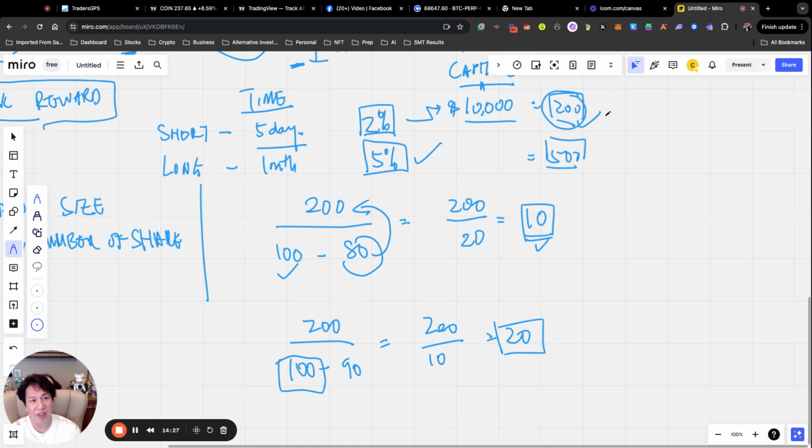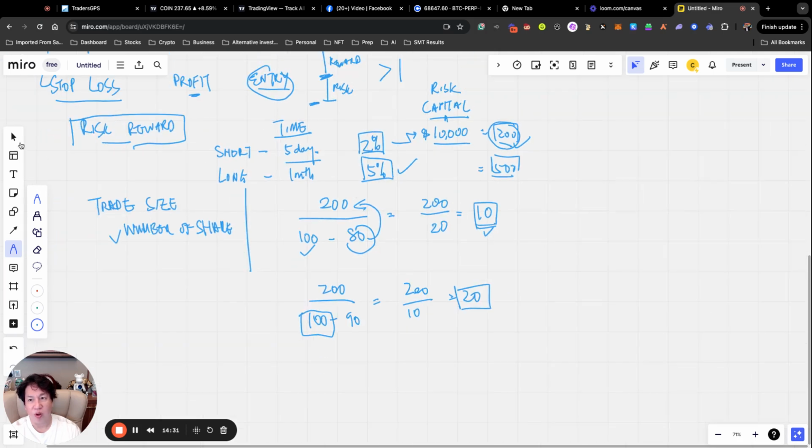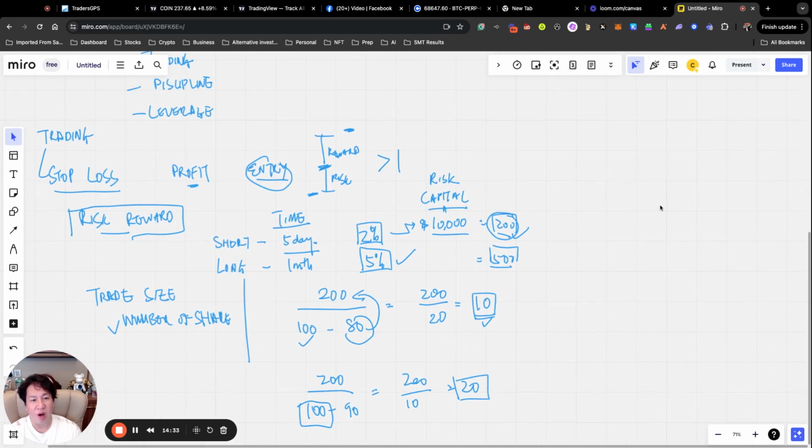Coming back to the risk reward ratio from just now. When we talk about risk, let's say my entry price is here and my risk is $500. That means if I enter here and then exit at a certain price, I lose $500. Then my reward, let's say, is 2:1.